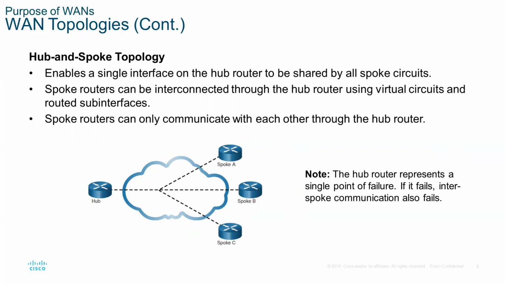But basically we have a single connection to each location, and they all connect in a center location, which is the service provider or the cloud. Now, this type of communication has multiple single points of failure because we only have a single connection to each router.